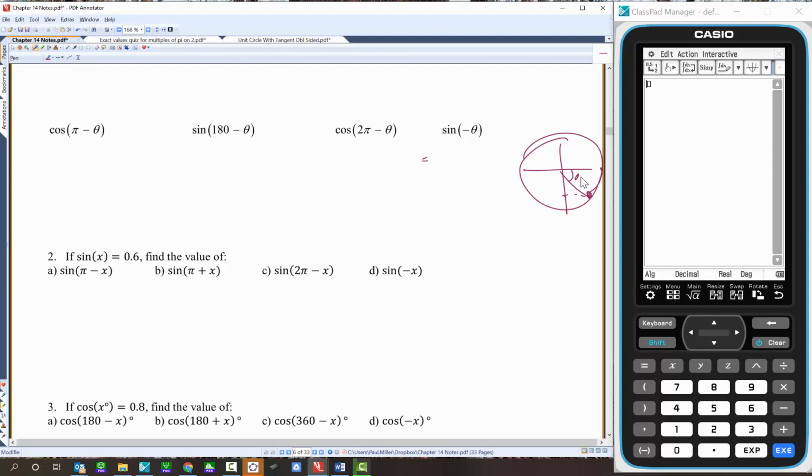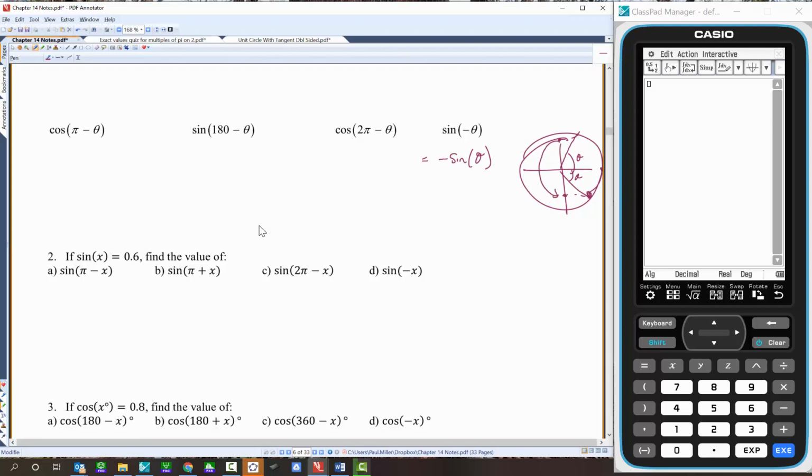So if that's theta, I'm just going to draw it in the first quadrant, which is there, which will give us this y value here. So I get the sine of theta in the first quadrant, which will give us a positive answer, stick a negative out the front, and what it will do is swing me down to that point there.